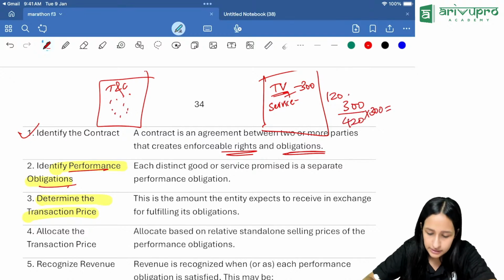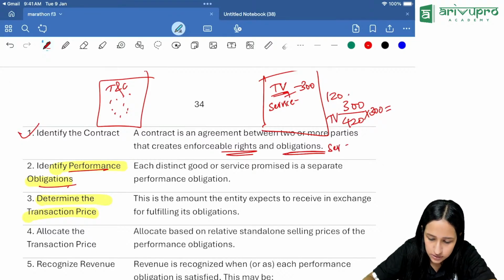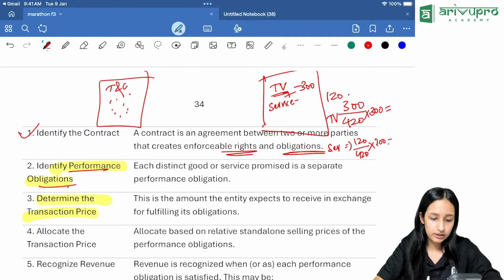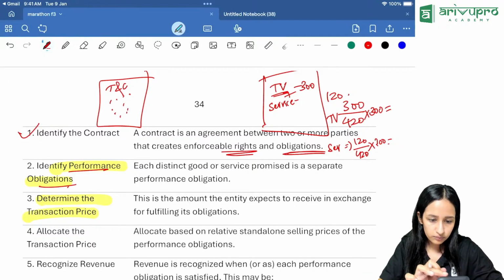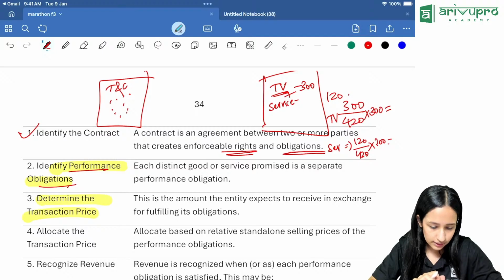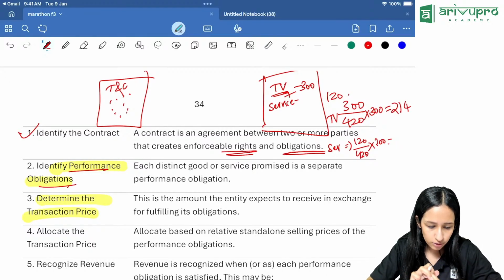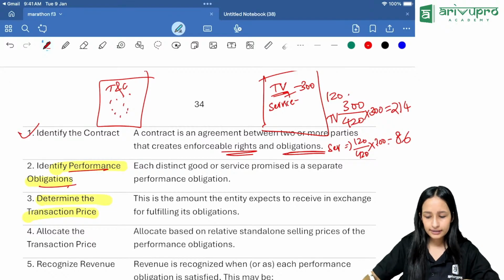Let's use the calculator. That is 214.2. Now for service, it's going to be 120 divided by 420 into 300, which is 85.7. So I'm going to take it as 86.